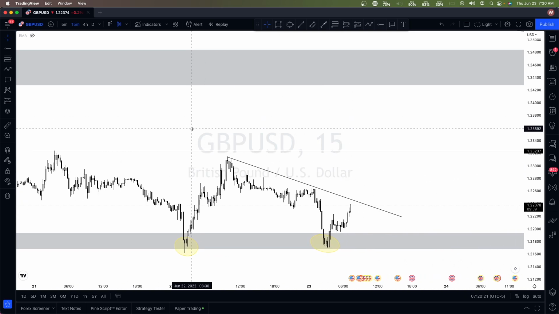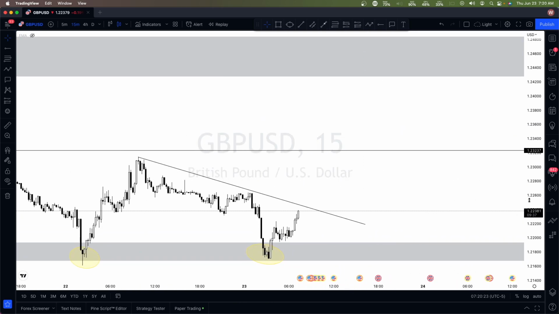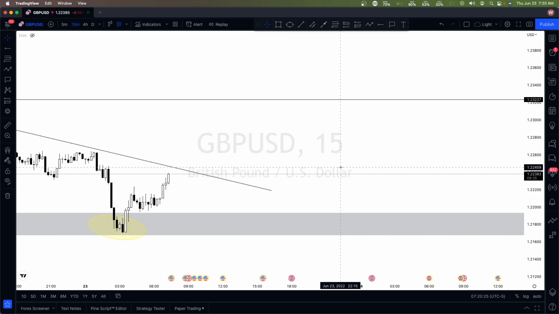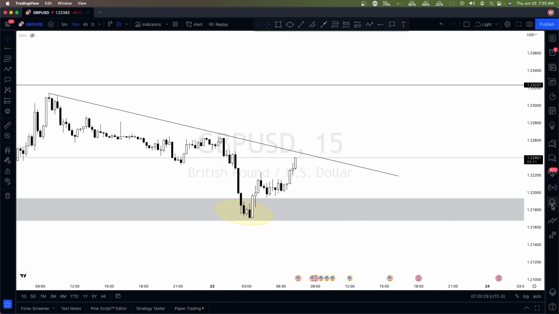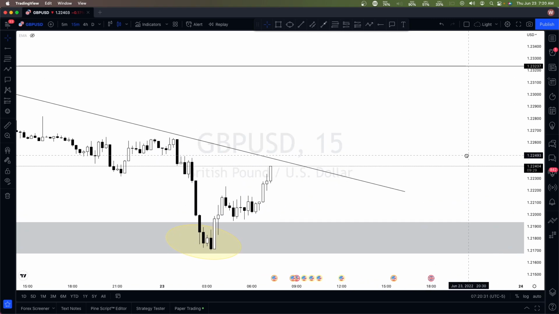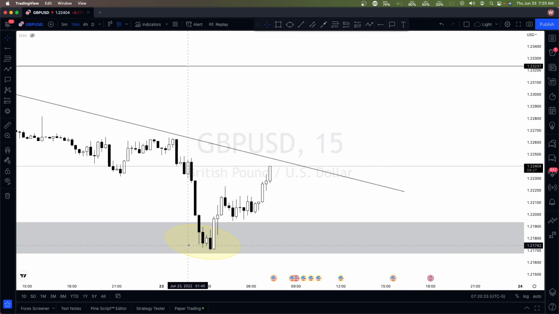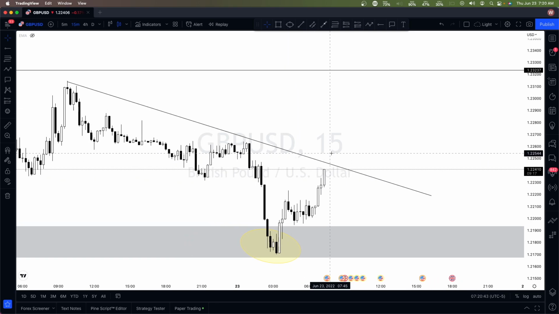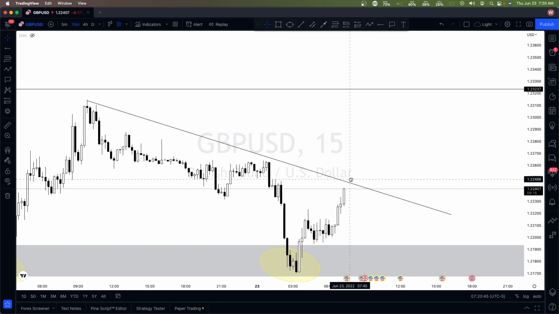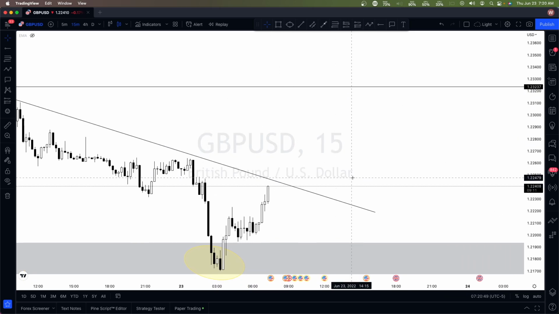So what I want to see: we've already had our 3rd time down here, we came down, retested it, and we're pushing up again. I want to see a strong bullish close above this line, and then we start looking for entries on a 5-minute going up.